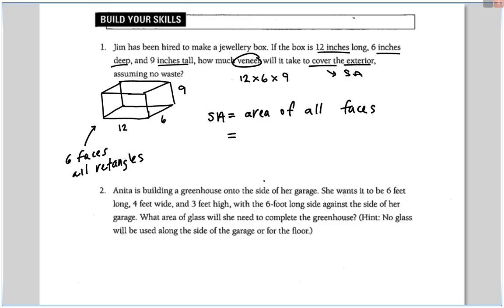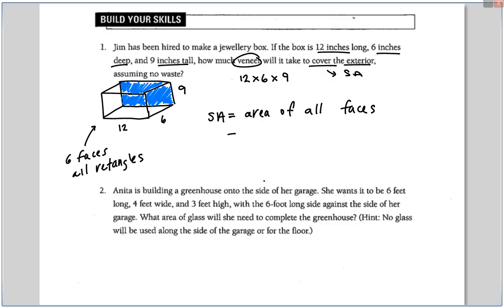So we have, and I'll use different colors to help you with this, a front and a back rectangle. Maybe just do one at a time. So I'm just coloring in the back rectangle. So there's the back, and it is identical to the front.